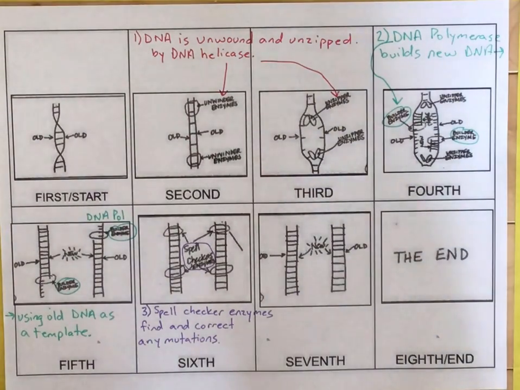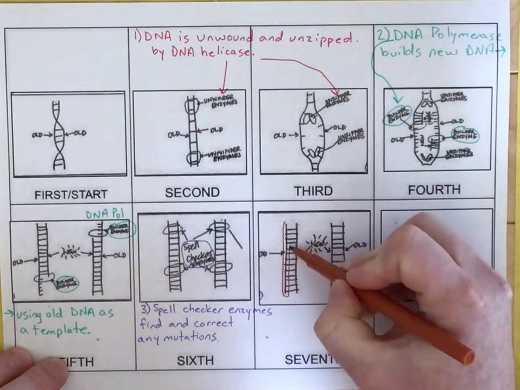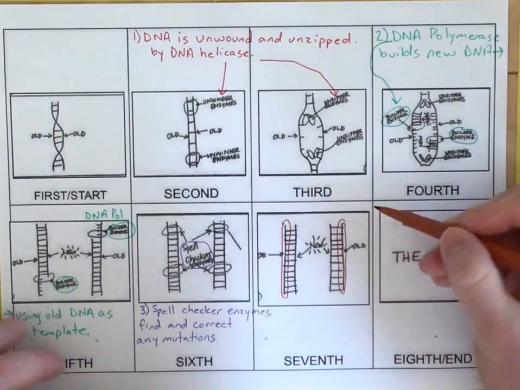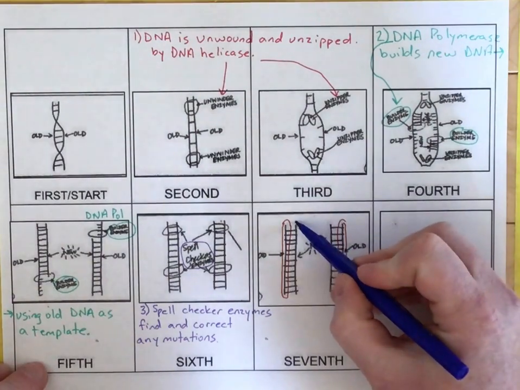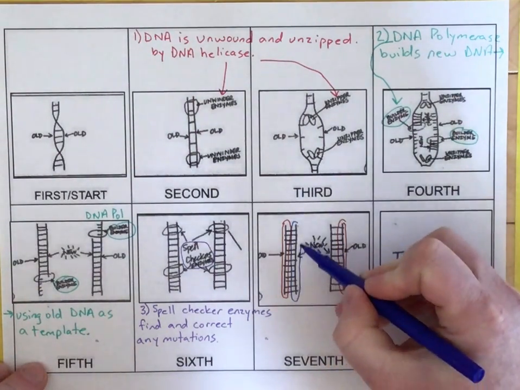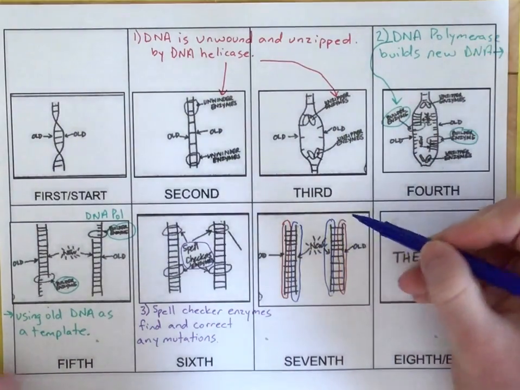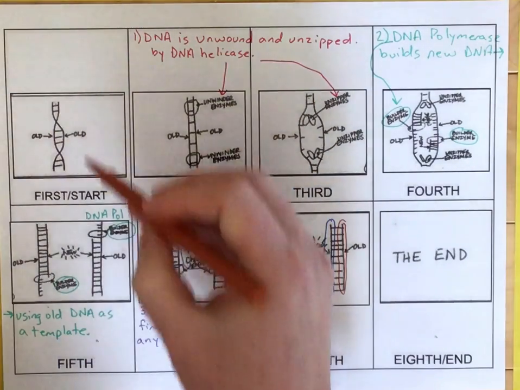And just to show you, I'm going to show the old DNA molecules. I'm just going to circle them with my brown pen. These are the old ones. And the new DNA molecules, I'm going to circle those with my blue pen. So the DNA polymerase builders build the blue molecules using the brown molecules as a template.